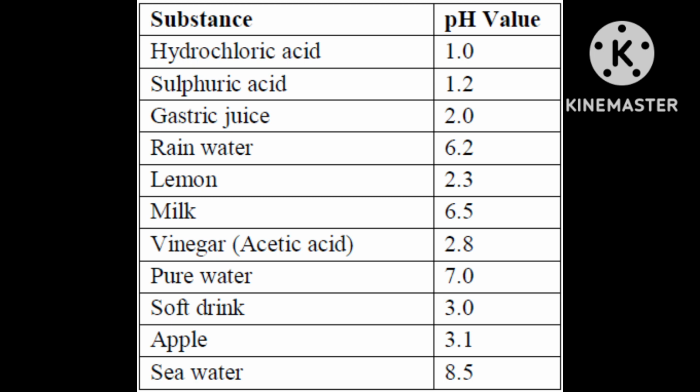In case of ammonia, the Kb value is actually 5.6 times 10 to the power minus 10. This you also remember.